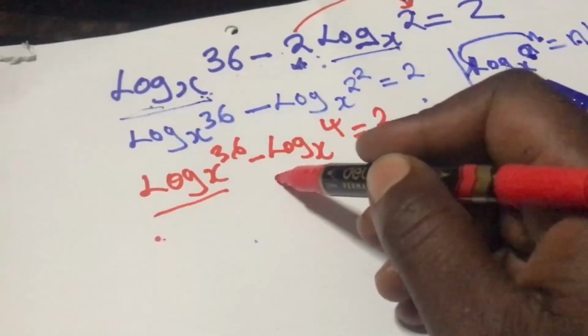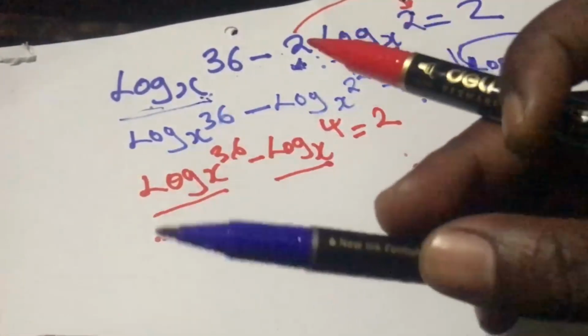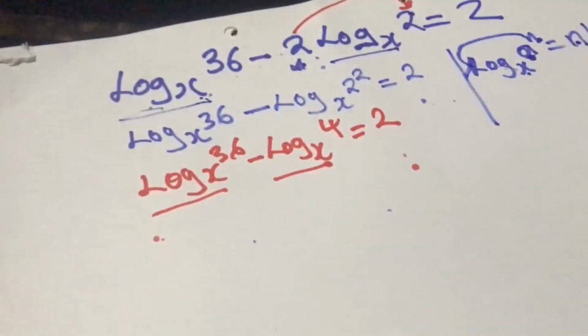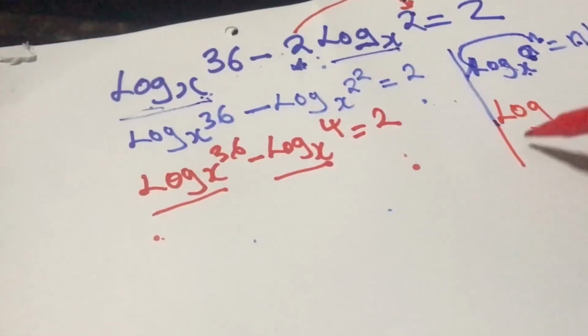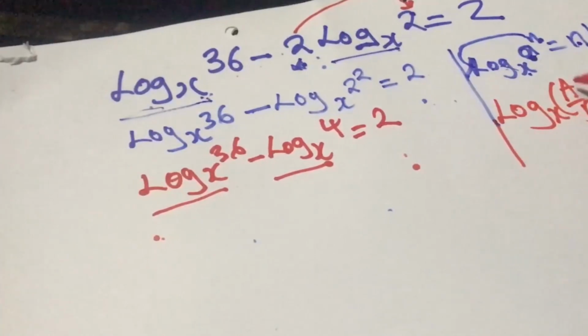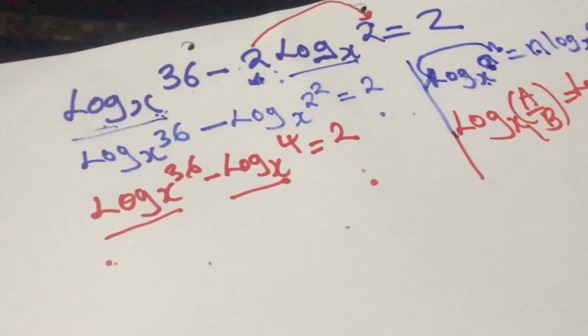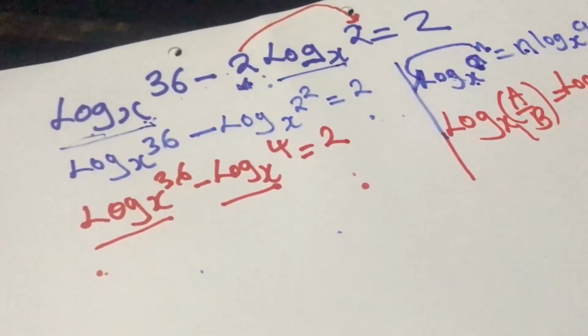Now the bases are the same. Since the bases are the same, we can go ahead and use this rule now, which says log x (a over b), the division rule, is equal to log x a minus log x b.